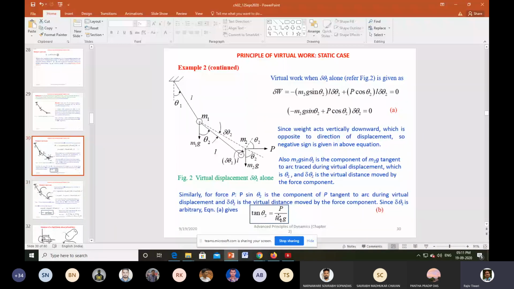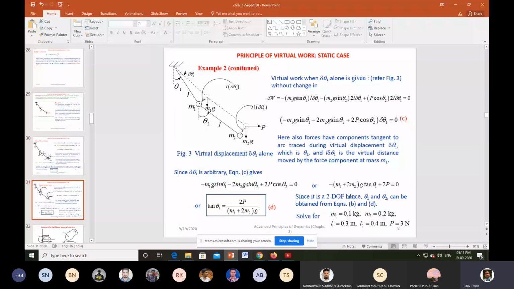These expressions will get changed, so maybe we'll modify it and upload this slide. Theta 2 we know from the previous expression and theta 1 is unknown here, so that can be solved. For a set of values of the pendulum, this can be solved numerically, but closed form expressions are available. I will modify this and present it in the PPT when I give you the lecture notes.